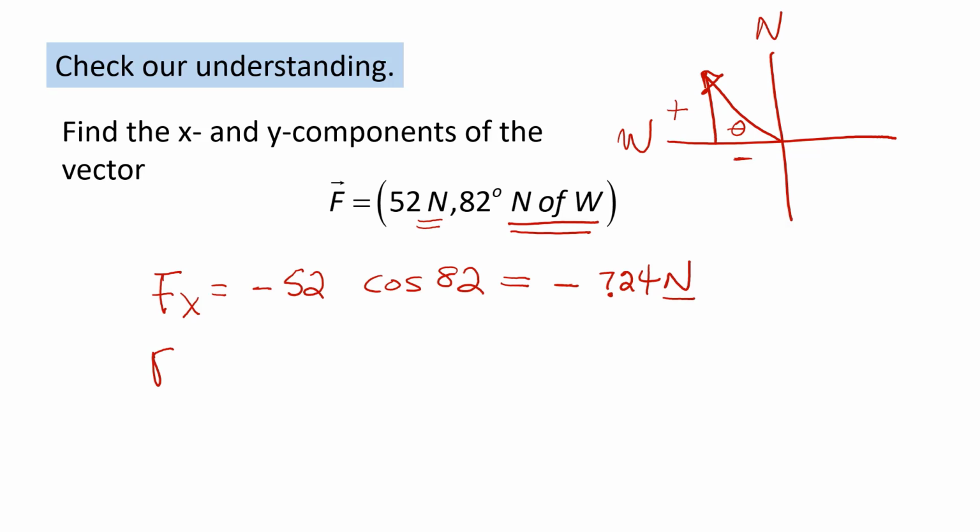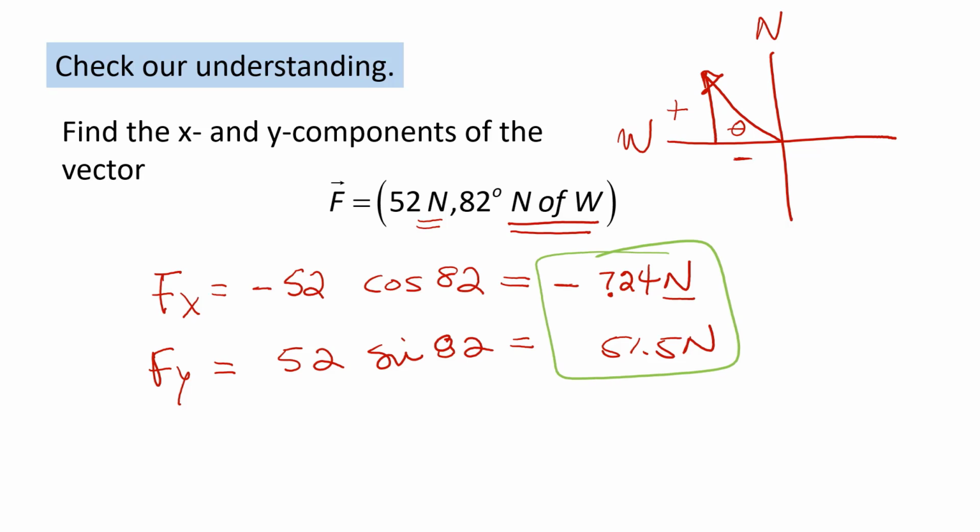Then Fy should be 52 sine 82, and you get 51.5 newtons. And those are your components, the x and y components of that force vector.